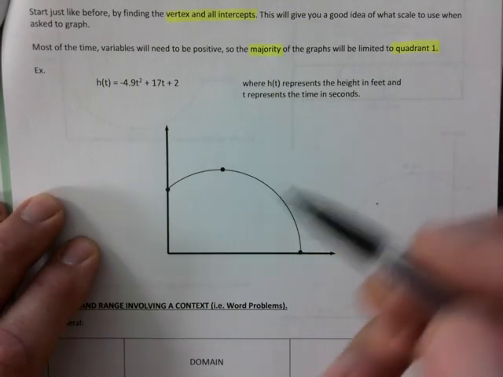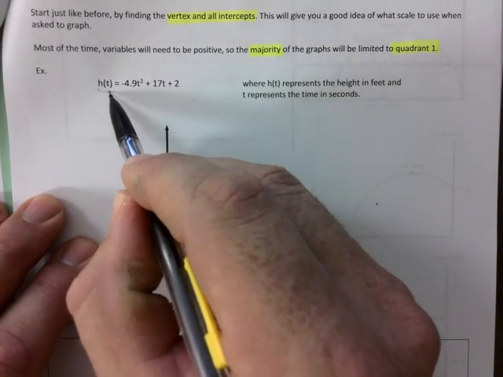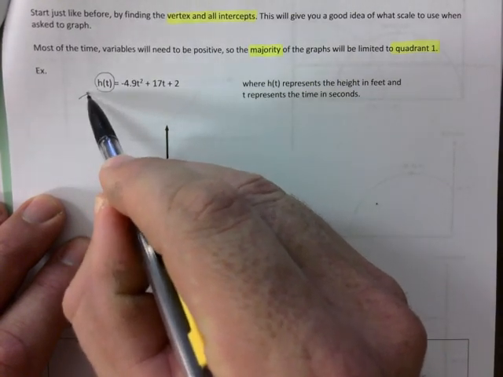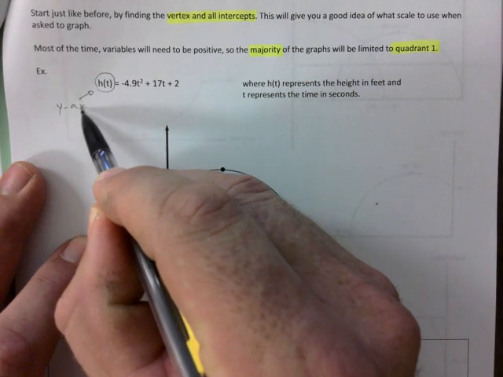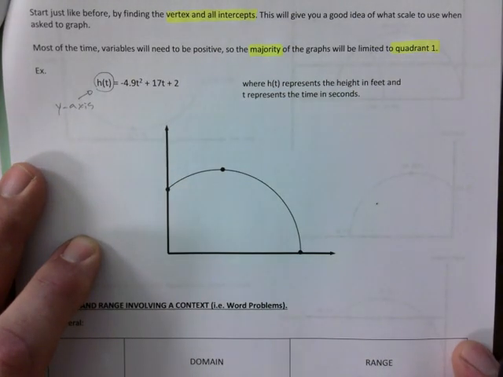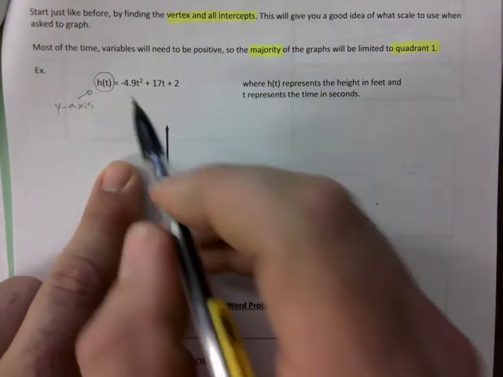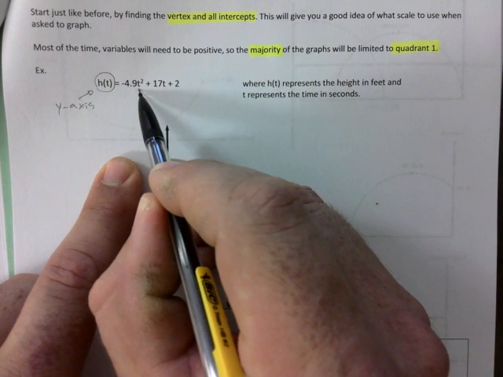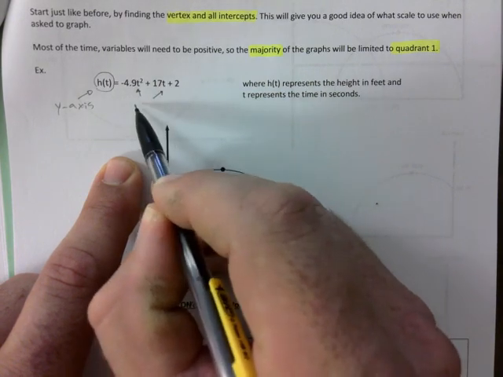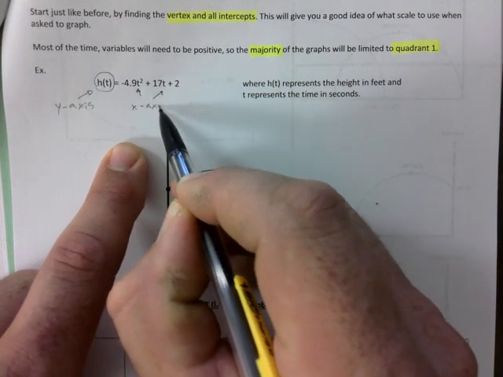So I'm going to tell you this. Whatever is on the left side, this is the y-axis. I'm never going to trick you. Even in grade 12, you're guaranteed that the first variable is your y-axis, and this variable here is your x-axis.